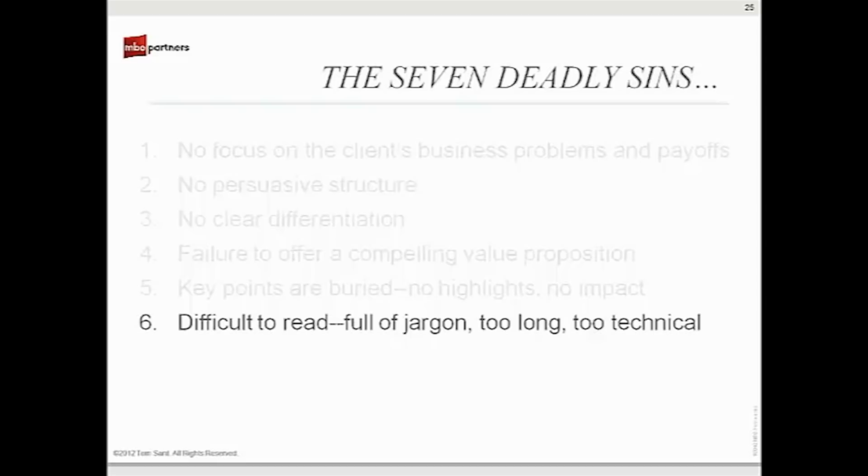We've got to simplify the proposal. Even if you're talking to someone in the exact same area, let's say you're a CPA and you're talking to the chief financial officer, you don't know for sure who else is looking at that proposal. What if it's going to the chief operations officer or the chief executive officer and their financial background is not as strong? We've got to make sure the document communicates clearly to everybody who's part of the decision team.